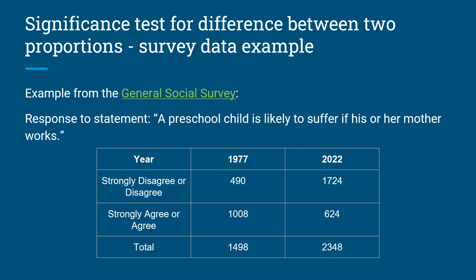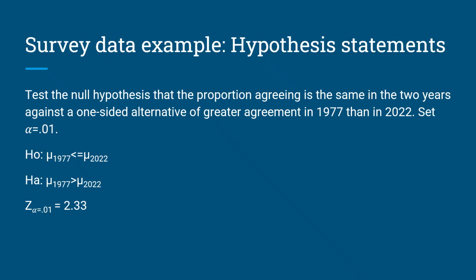The values in each of these cells are just the number of people who are endorsing agreement or disagreement, and we have the total sample sizes at the bottom of each column. So we can set up a hypothesis test to evaluate whether attitudes are the same in 2022 as they were in 1977, or whether they are different.